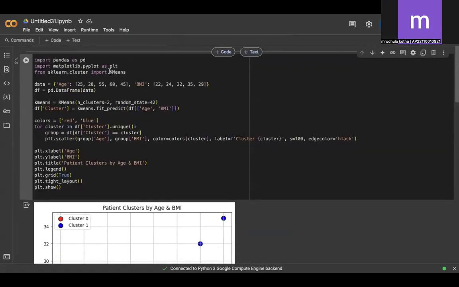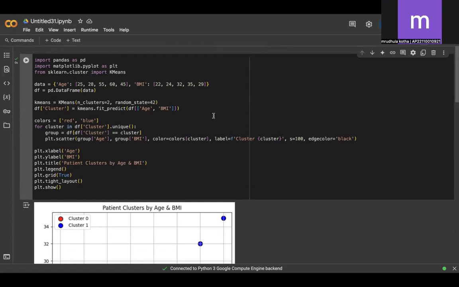The first code is K-means. We start by importing pandas for data handling and matplotlib for plotting, and this is for KMeans. The dataset includes just two features, age and BMI, for five patients.